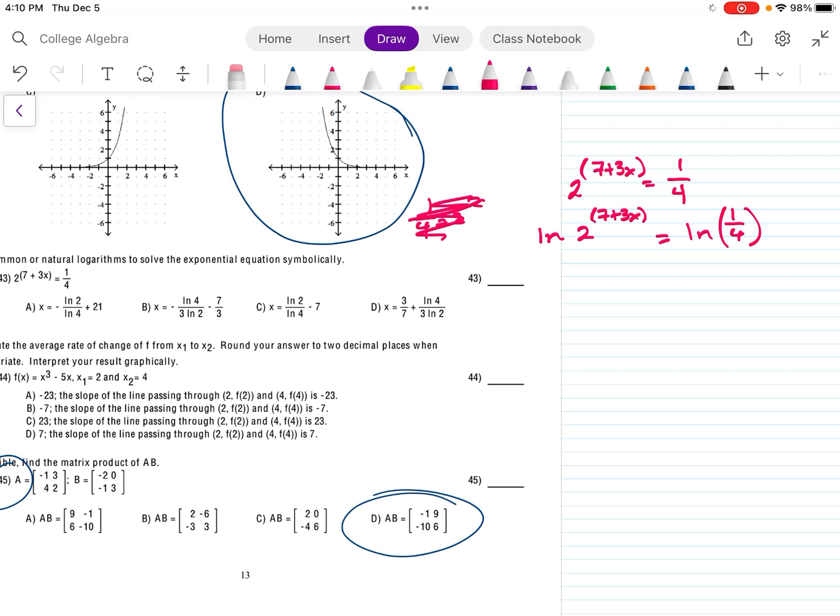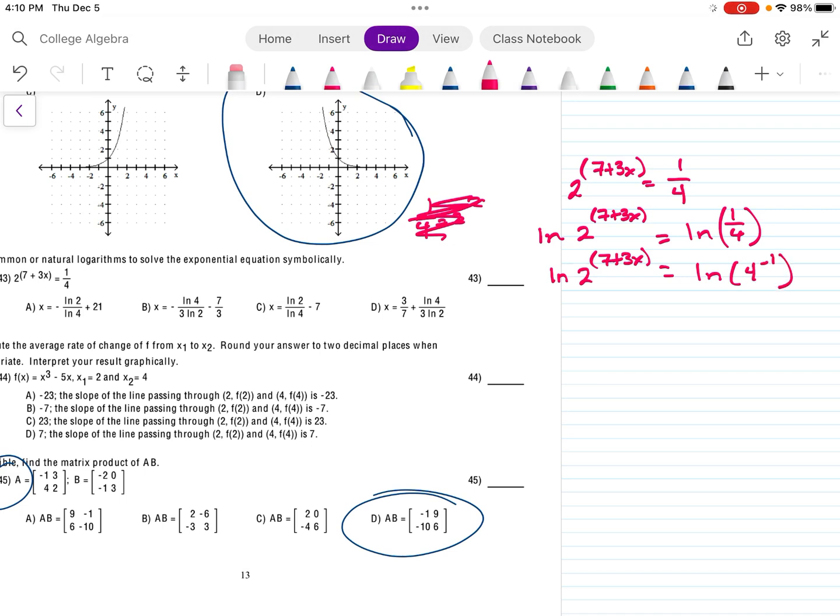Now, since it says the ln of 4 and not 1/4, let's rewrite the right-hand side: 1/4 can be rewritten as 4 to the negative 1 power. We'll keep the left side the way it is. Then this just becomes ln of 4 to the negative 1.